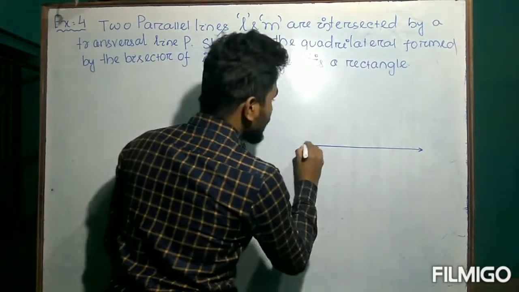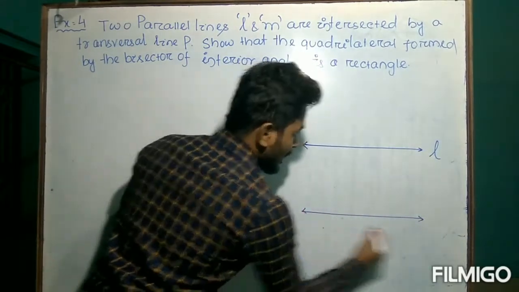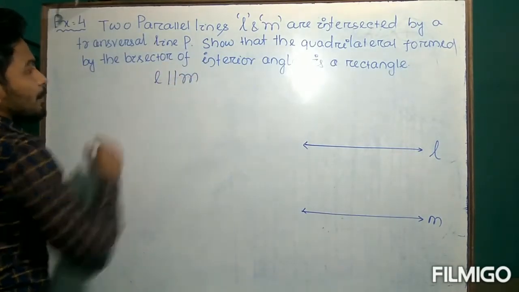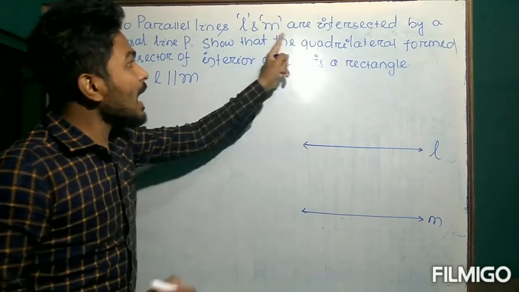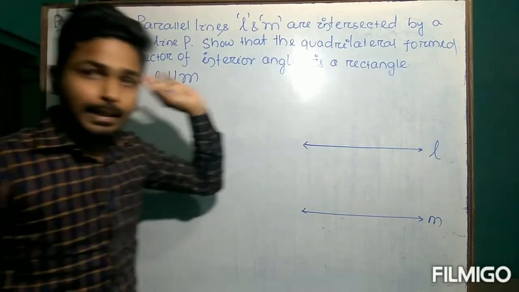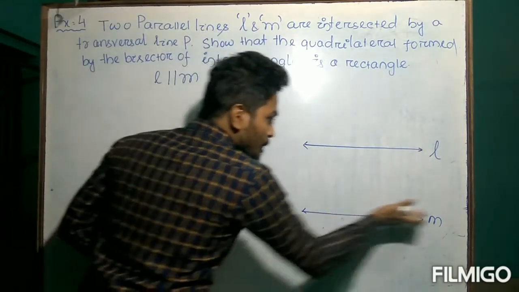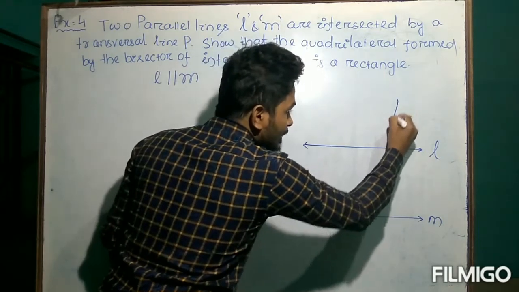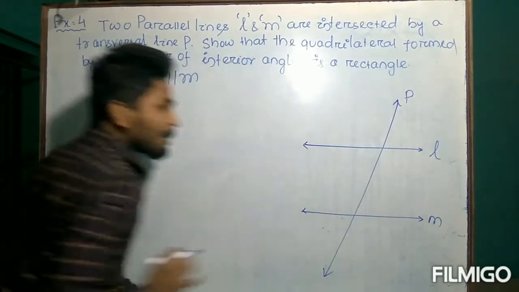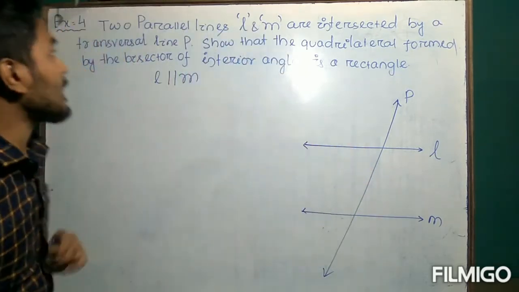Let's say this is the parallel line L and this is another line M. So it is given L is parallel to M, and they are intersected by a transversal line P. That means P is the transversal line which intersects the two parallel lines L and M. So P is the transversal line, L and M are two parallel lines.